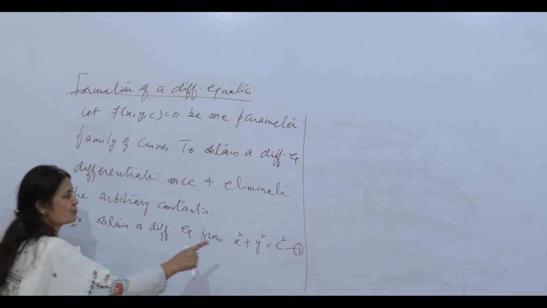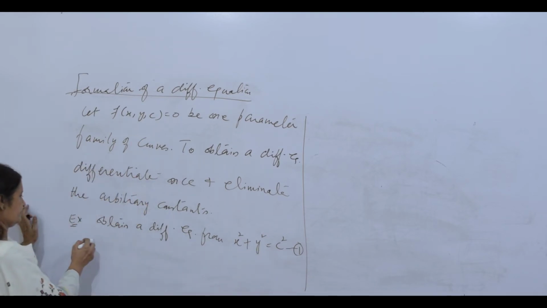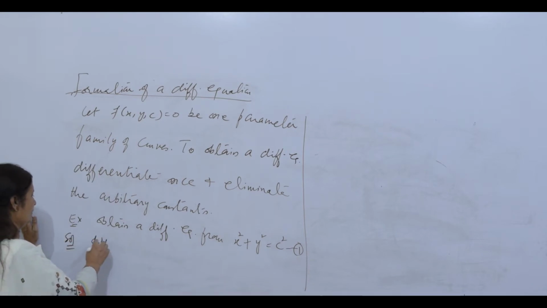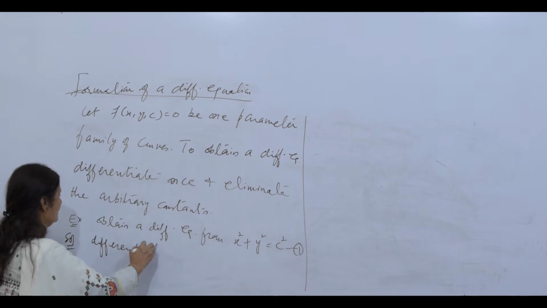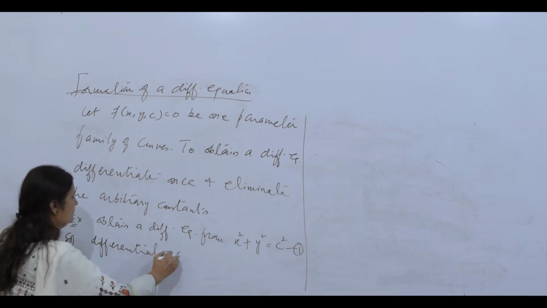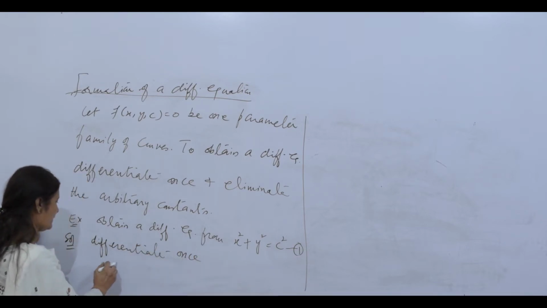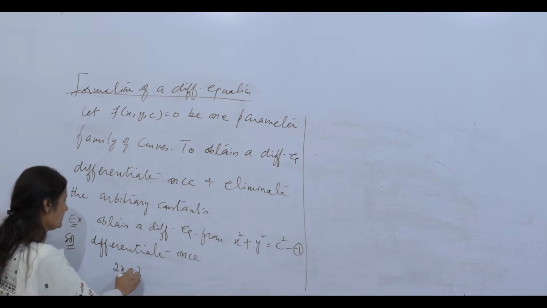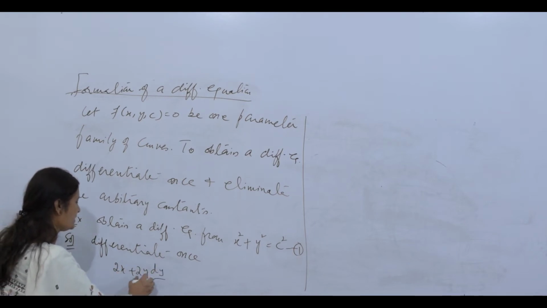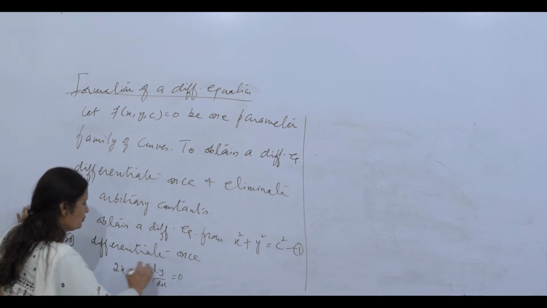Since there is one constant, differentiate once. Solution. Differentiating once, 2x plus 2y dy by dx, since y is a function of x, equals 0.